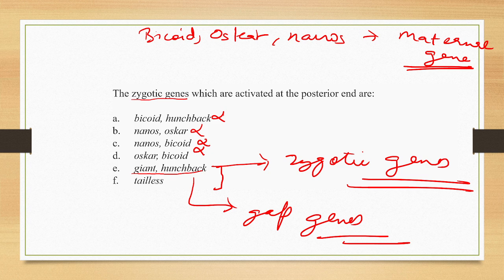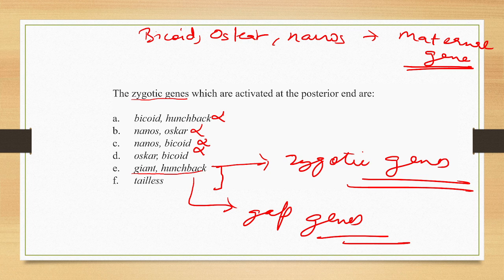So in a very narrow region of the posterior side of the embryo, hunchback expression is observed, although it is not that prominent. Giant is present in the posterior region, which is responsible for posterior structure formation.